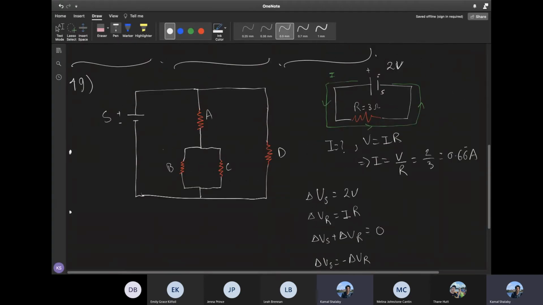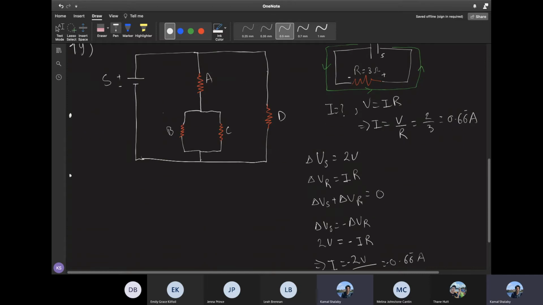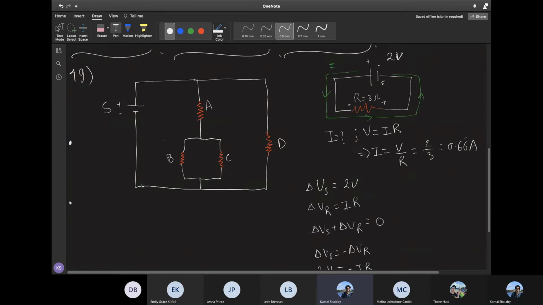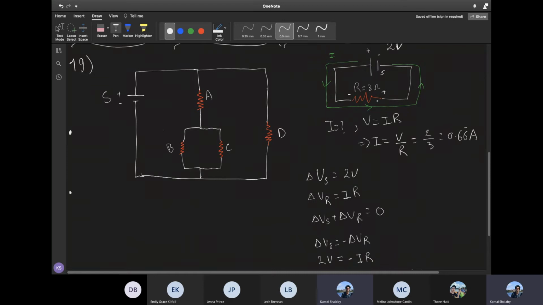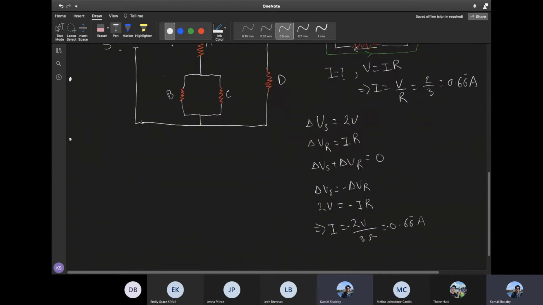If this is positive and this is negative, then this will be the other way around, so it'd have a current going this way. So this negative sign would be negative, and the negatives would go away.